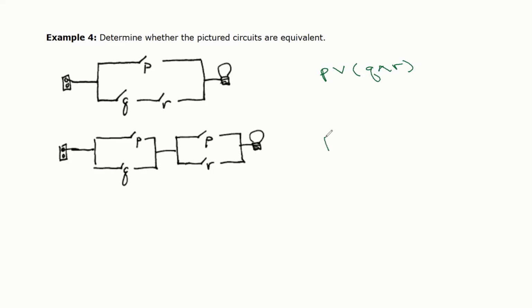So we have P or Q and P or R. So we need to find out if they're equivalent in a truth table.